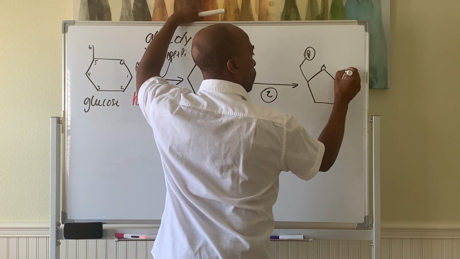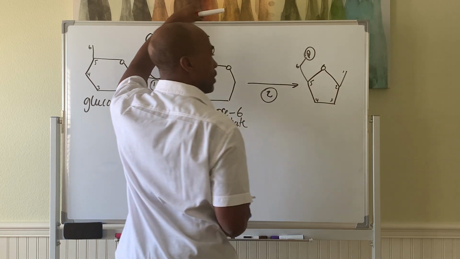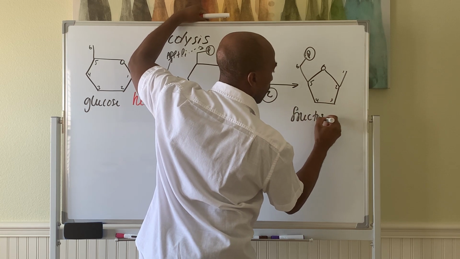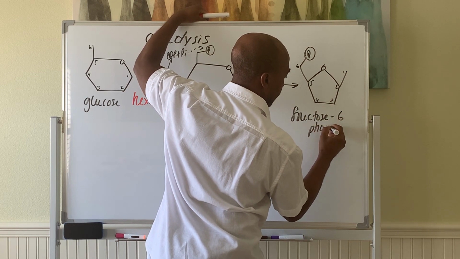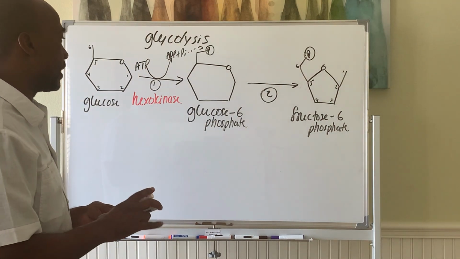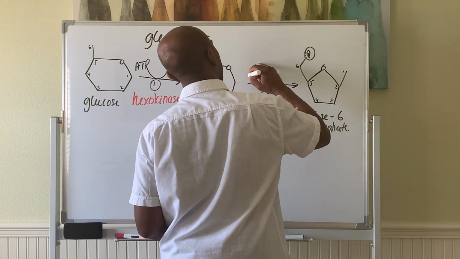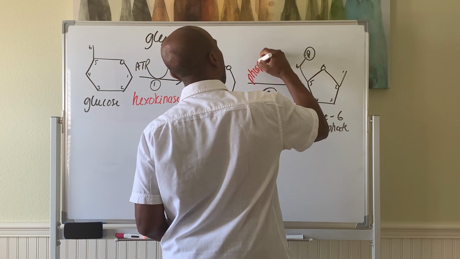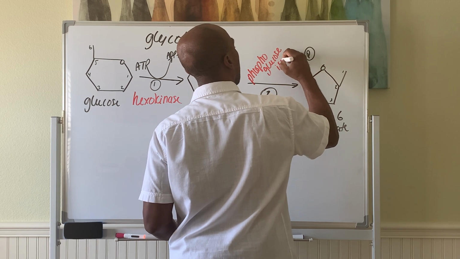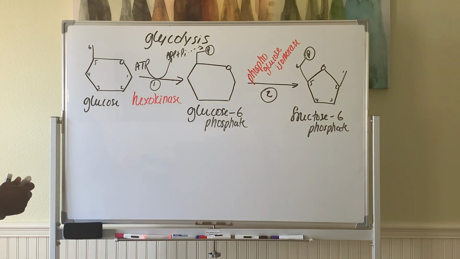So now you have number 1, 2, 3, 4, 5, 6 carbons there still. Okay. So now this is called fructose 6-phosphate. All you've done is to rearrange it, and the enzyme that makes this happen is called phosphoglucose isomerase enzyme. All right, so that's reaction 1 and 2.